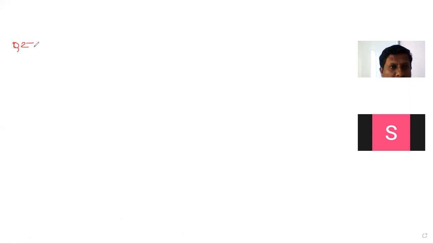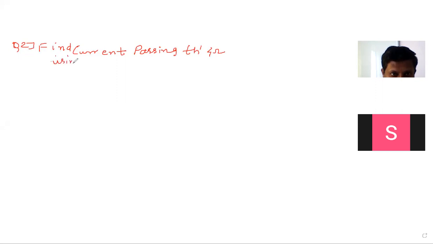Okay, question number 2 I will take. Find the current passing through the 4 ohm resistor using the superposition theorem.